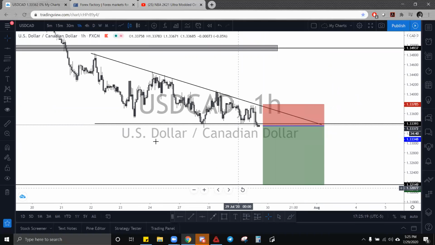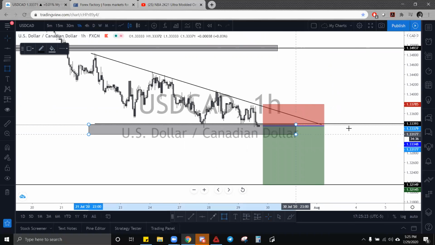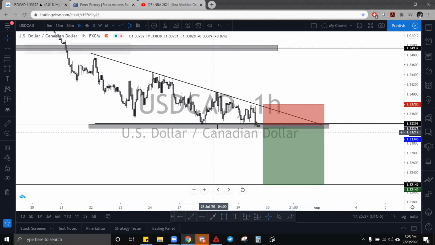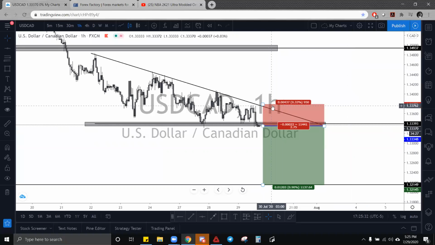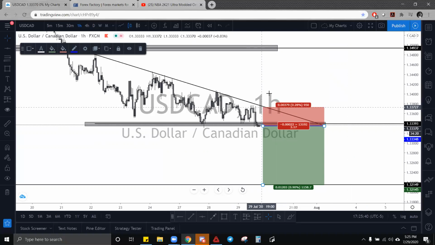I can delete this, I don't need that line. And then I can put this right here. And then boom, very good setup. 2.75 to 1 ratio. You can risk 37 pips on this.